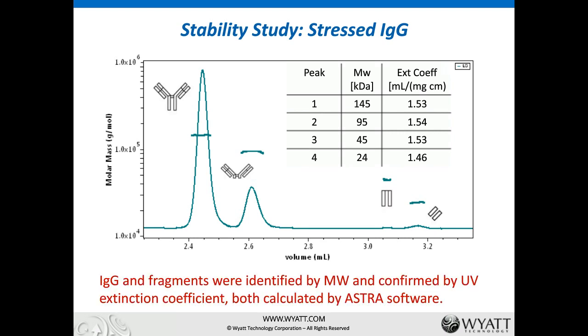And as we move to the early elution volumes, we can see the different aggregates, including a large aggregate particle peak and some other partial aggregate forms. We can assign molecular weight to all those peaks.